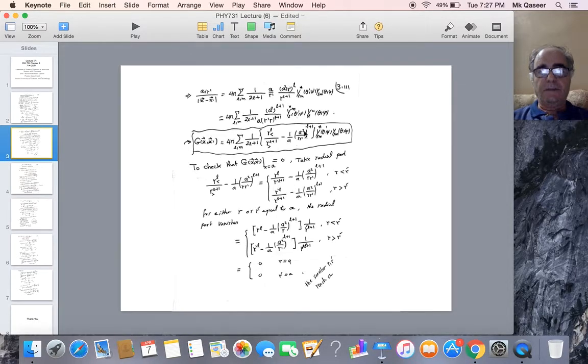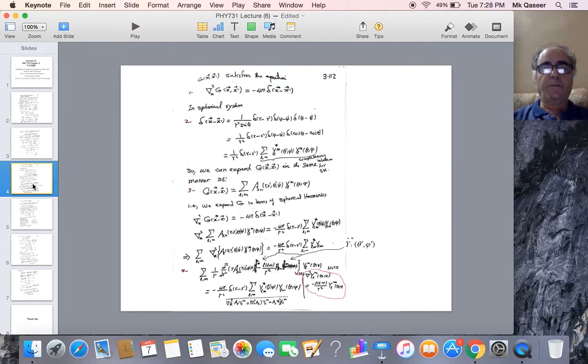Now let's simplify this, break it into two expressions, one for r less than r prime and one for r greater than r prime, and then substitute r equal a or r prime equal a, we get this expression. Now this thing is 0 and this thing is 0. It means that G at x equal a is equal to 0.